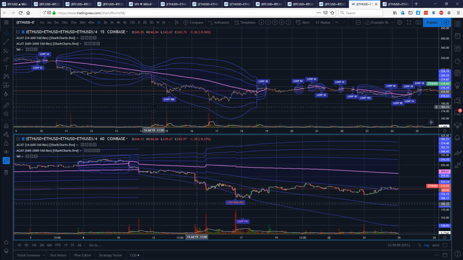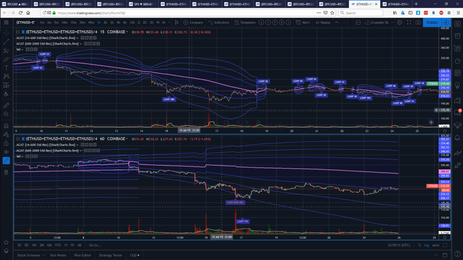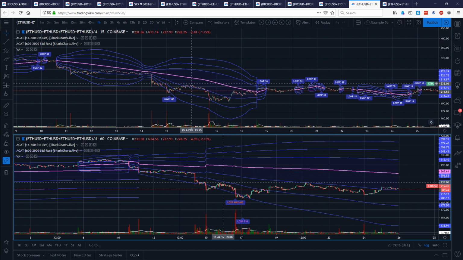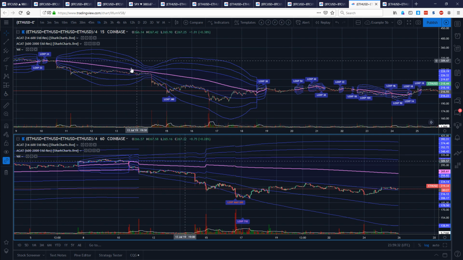So the reason that explains why there's a major LOXP difference between the 60-minute and the 15-minute is just that they're not actually looking back the same amount of time. This is looking back 4 times as much time, and as many bars effectively as the 15-minute.